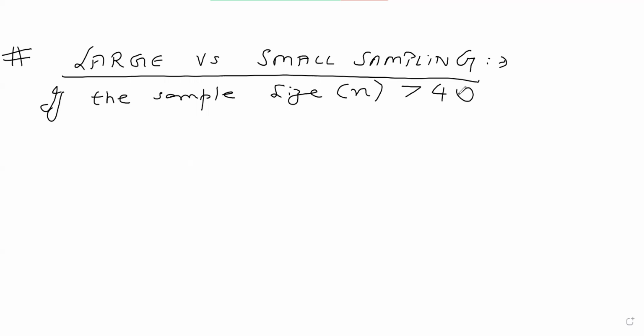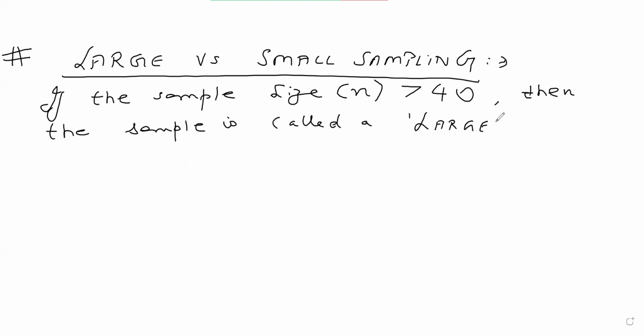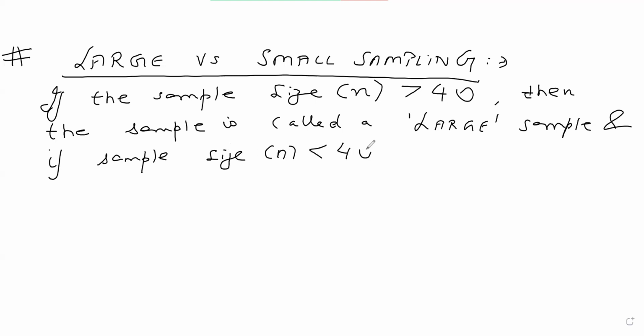If the sample size is greater than 40, then the sample is called a large sample. And if the sample size is less than 40, it's called a small sample.